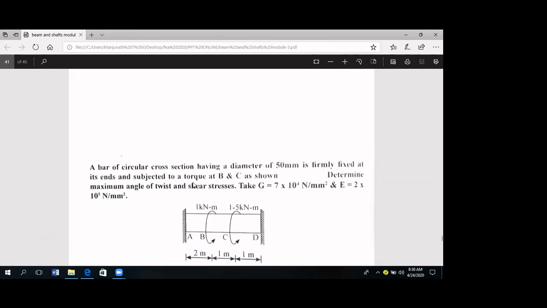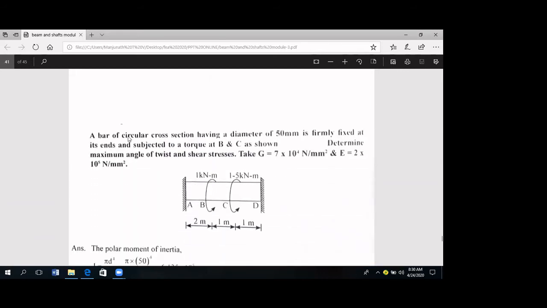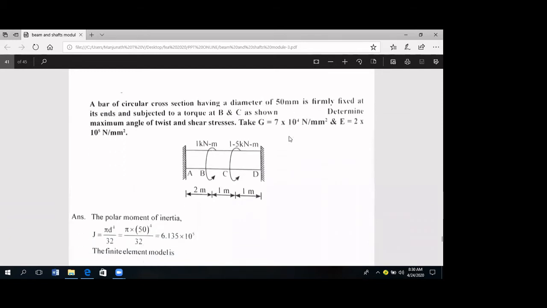Now take one problem. A bar of circular cross section having a diameter of 50 mm is firmly fixed at its ends and subjected to torques at B and C as shown in the figure. You can see the shaft fixed at both ends, and at point B and point C the torques applied are 1 kilonewton meter and 1.5 kilonewton meter.